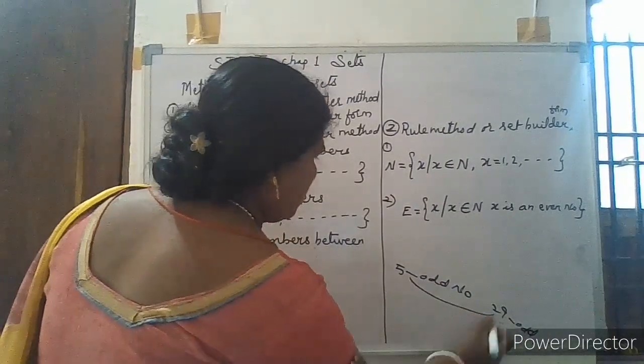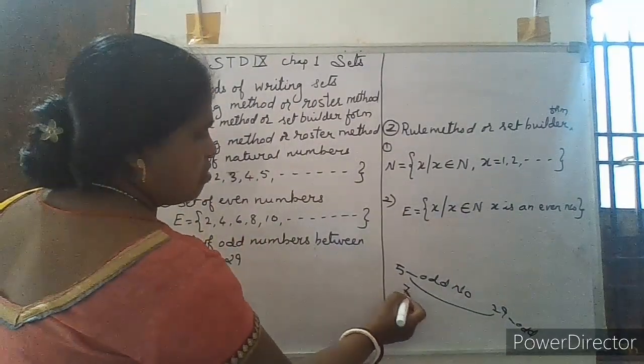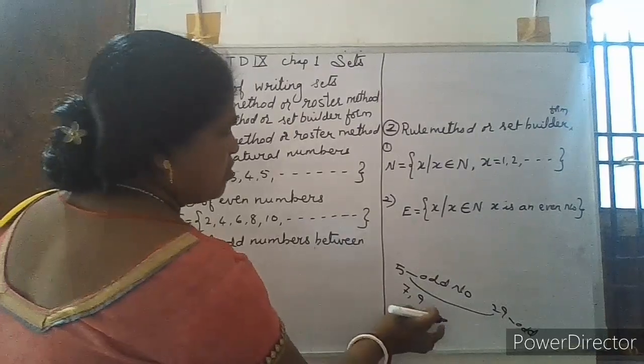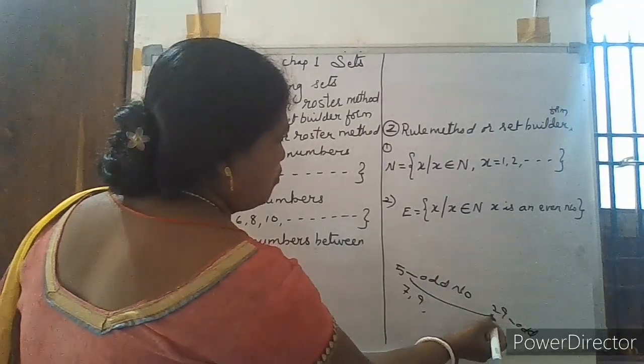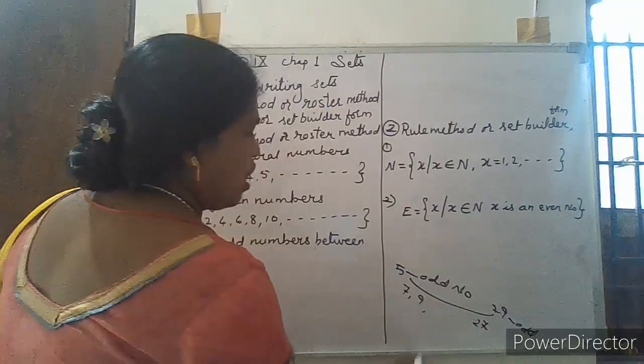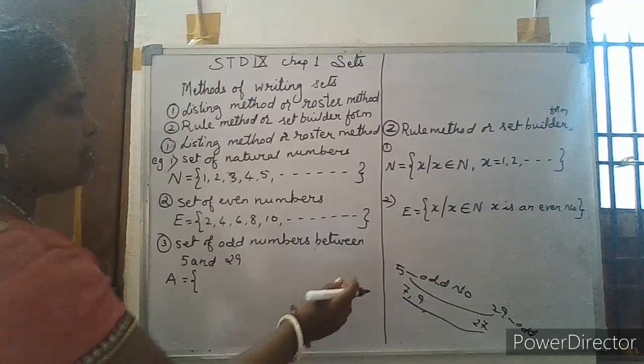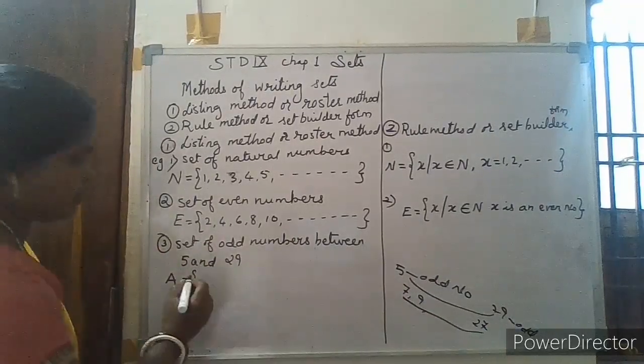But between these two, we have the elements after 5 as 7. Then 9 comes. So we have to write up to, before 29 we have 27. Therefore, from 7 to 27 only this many elements must be written.